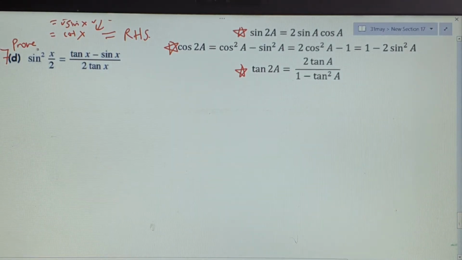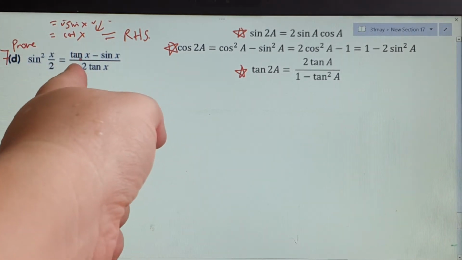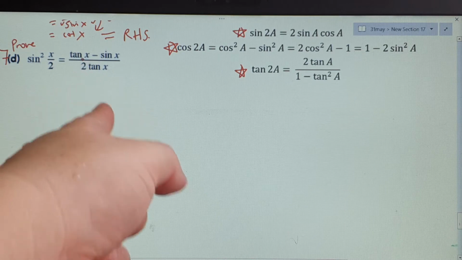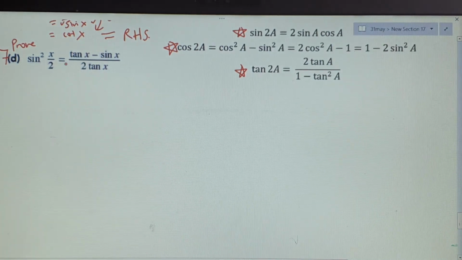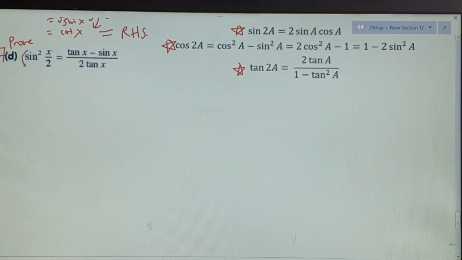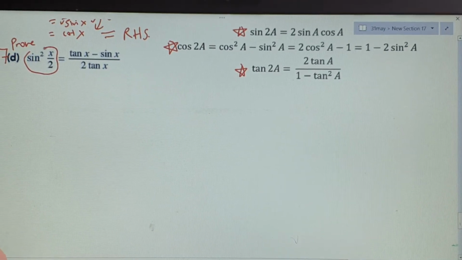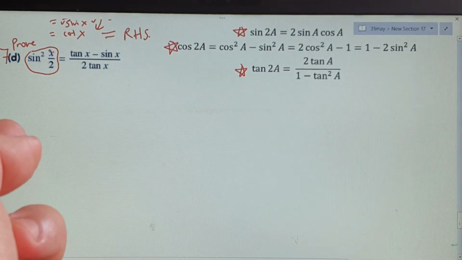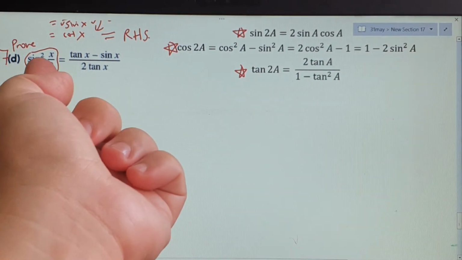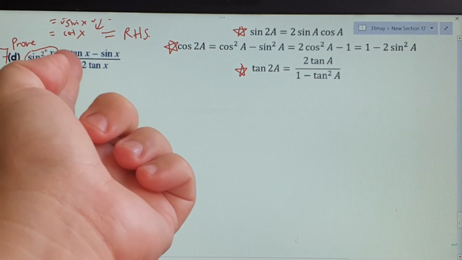Actually, if you look at this whole expression, the right hand side looks more complicated, right? So actually should start from the right hand side, but I will try to do from the left hand side. Can you see that this sine square x over 2, the argument here is x over 2. Argument is the so-called angle inside the sine.